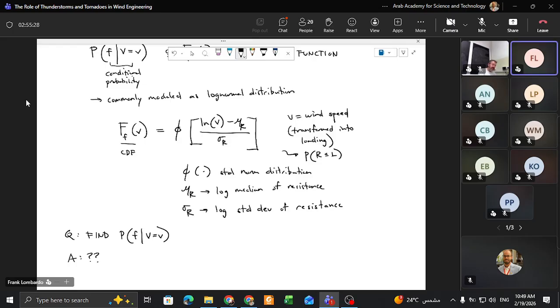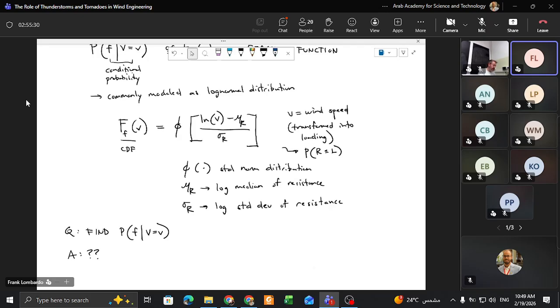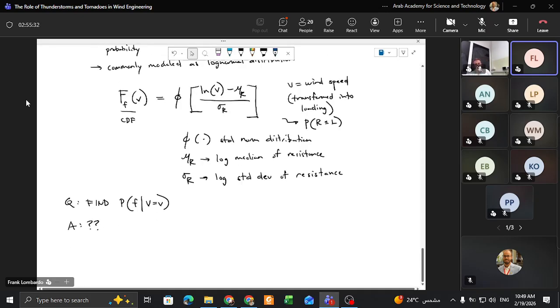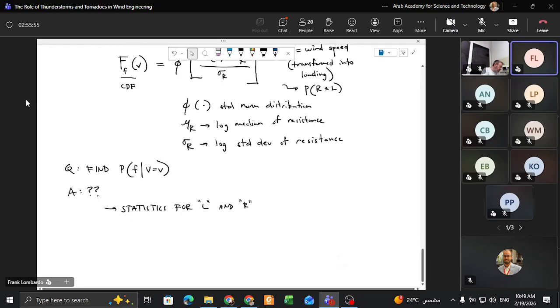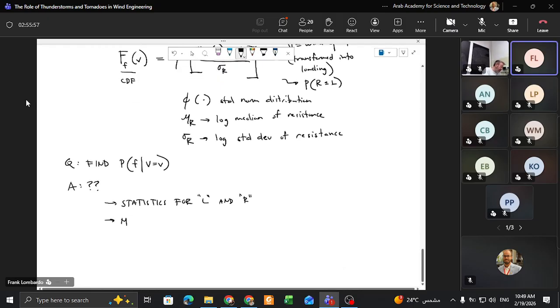What are some potential ways to do it? Yeah, exactly. We know, or we can possibly develop, statistics for the load and resistance. So we can do something like Monte Carlo simulation.